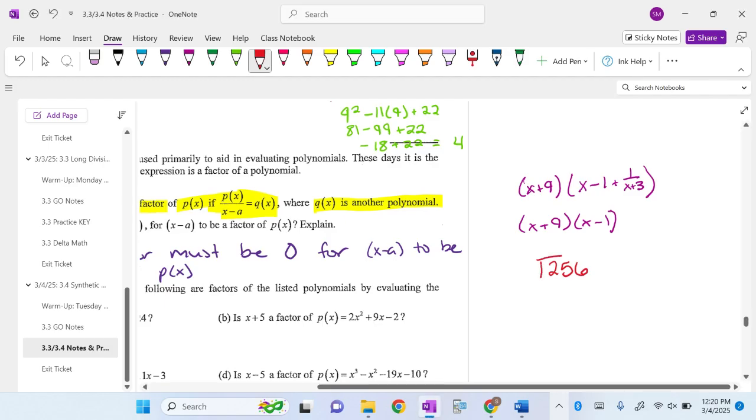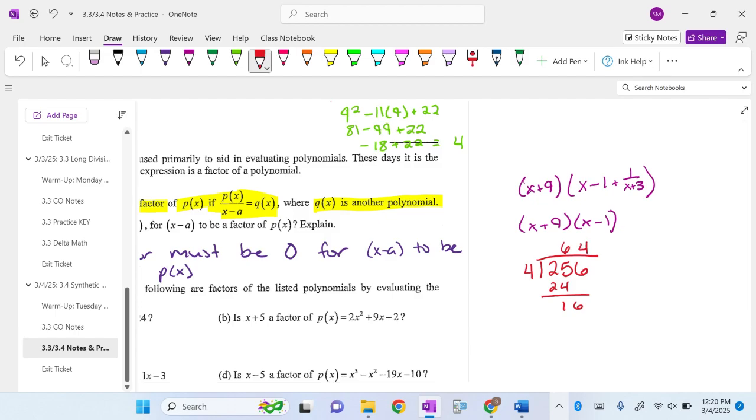Meaning that if I divided 256 by 4, I should end up with what? A whole number, no remainder. Same concept. So if I divide it by 4, this would be 6, 24, 1, 16, and 4, 64. All right, because I get a remainder of 0. And again, I just did that very quickly. You don't have to write that down. So 4 is a factor of 256.